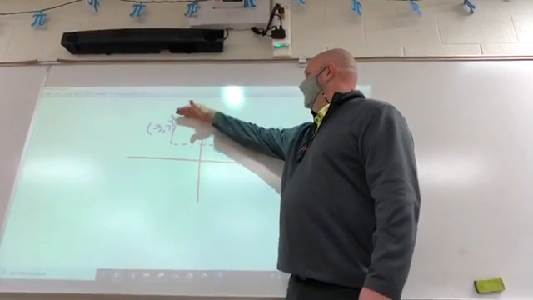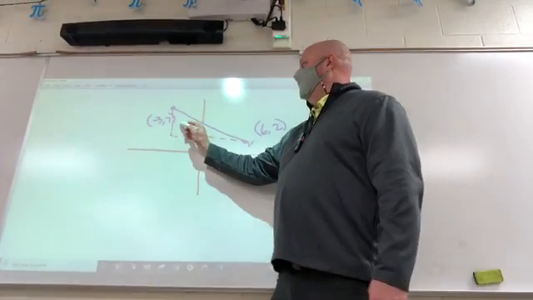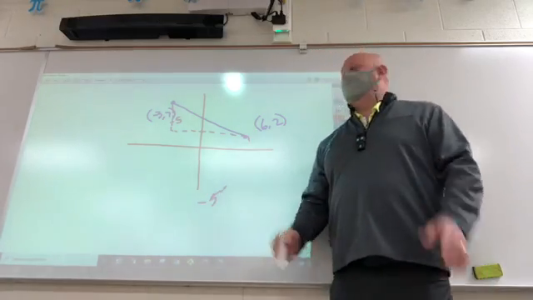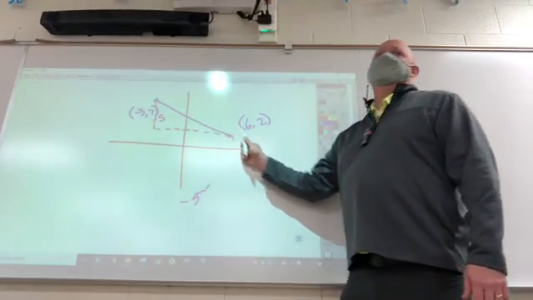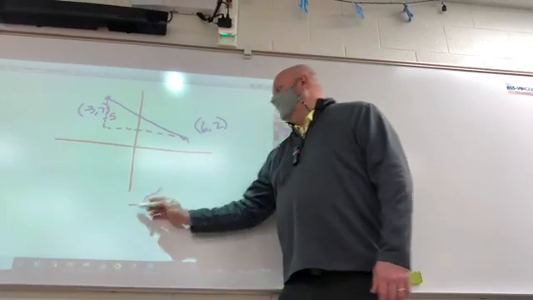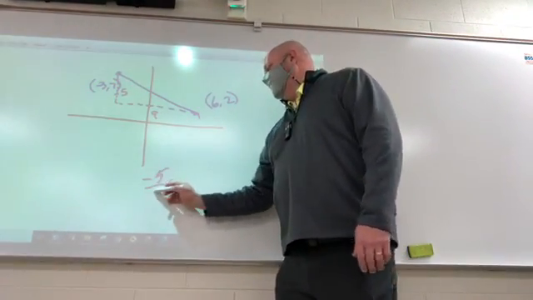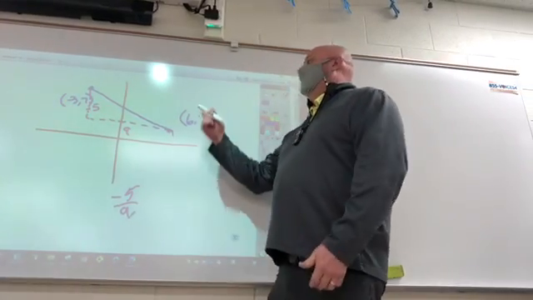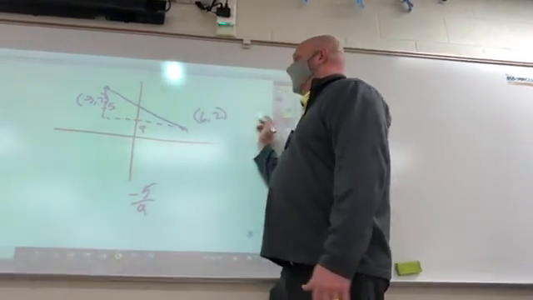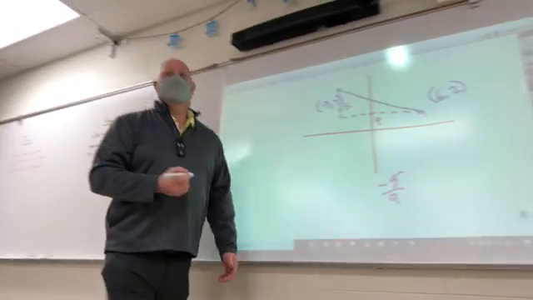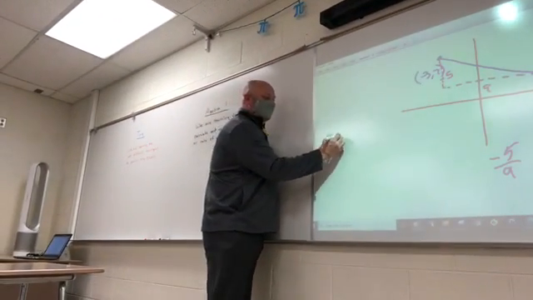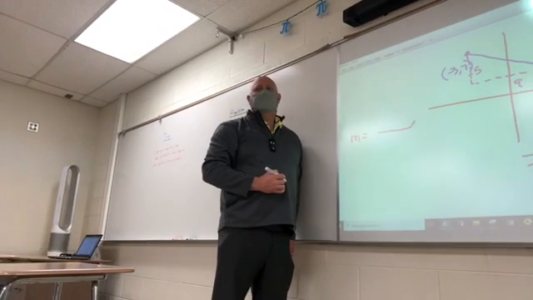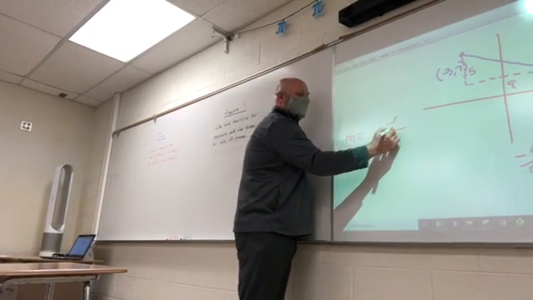You're up at 7, it's got to drop to 2. This would be a rise of -5 because it goes down 5. This is at -3, it's got to go all the way to +6. This would be 9. You could go -5 over 9. Or you could use slope formula. How do you use slope formula? What goes on top? X's or Y's? Y's go on top, and you always subtract.